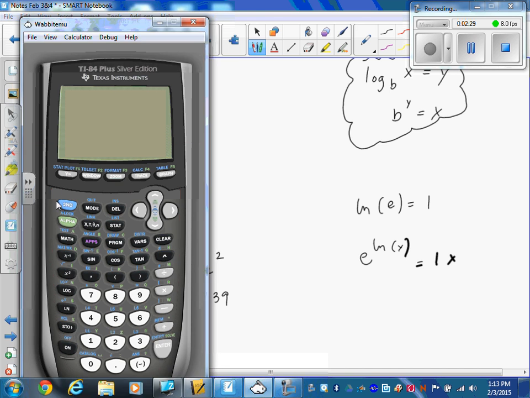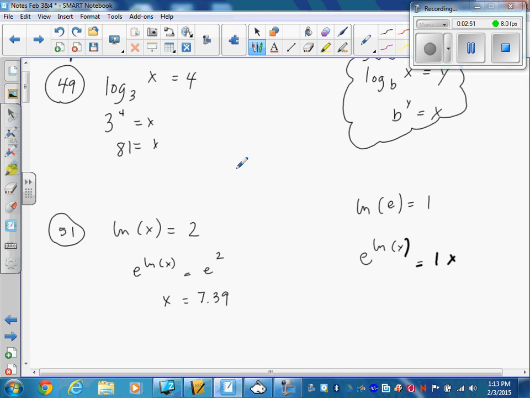And squared. And since we know that e is approximately 2.8, squaring that, multiplying it by itself, is going to give us 7.38, rounded to 7.39.